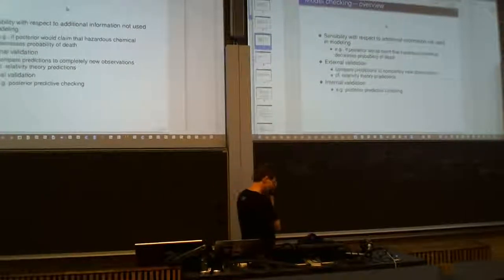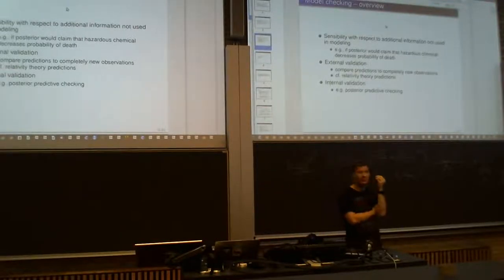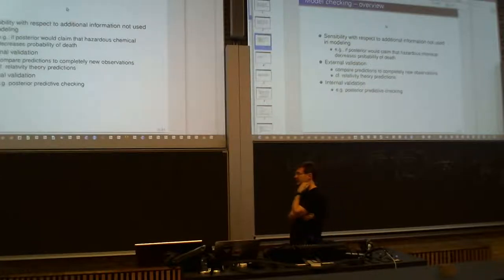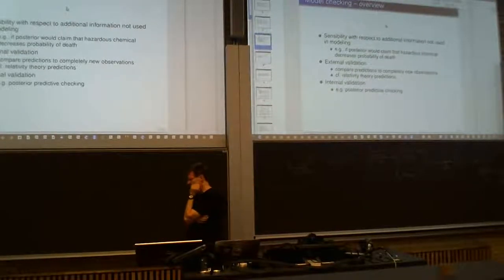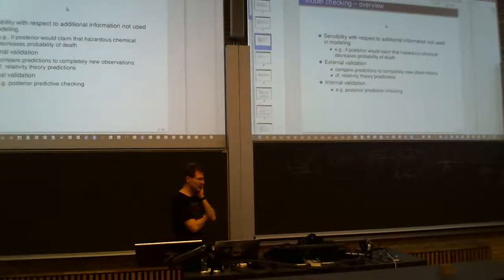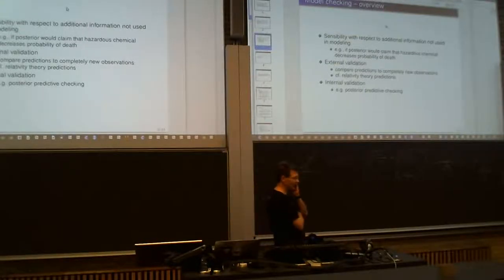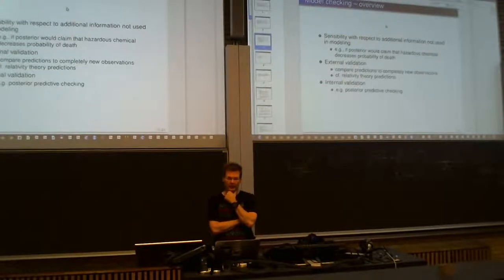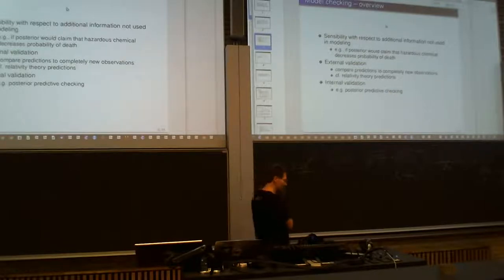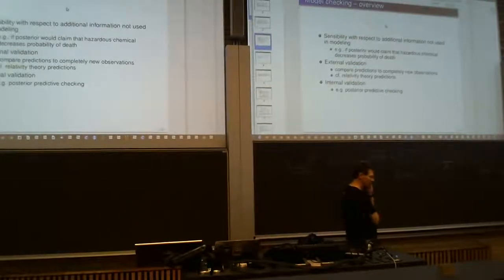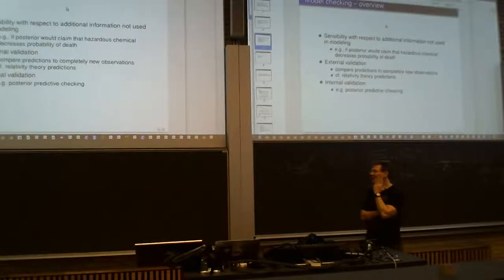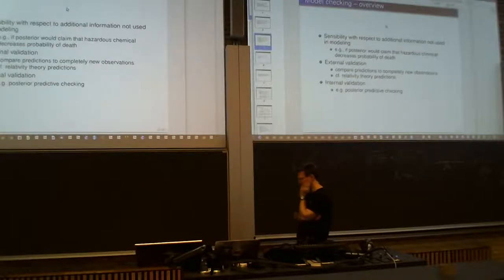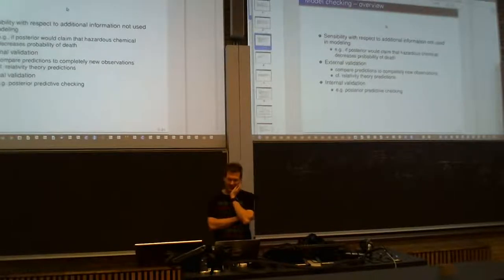Overall, when we have results from our model, we should of course look at them. Do they make sense? If we are testing a model for a hazardous chemical, and we get a result that a higher dose would reduce the probability of death, then we should of course check our model, even if we did not include that information in the first part. It's quite common that we first want to quickly make some model, and then if that model seems to give strange results, we can refine it.